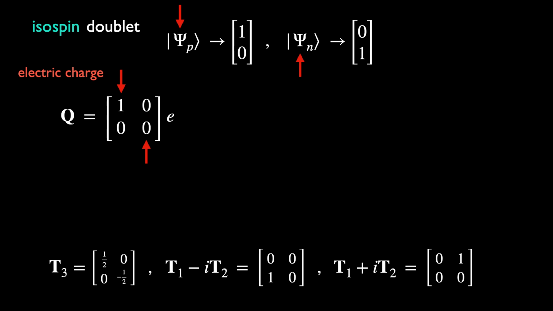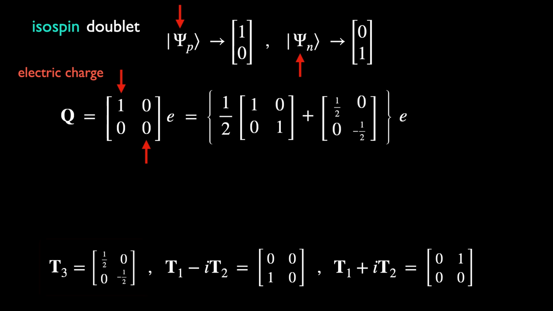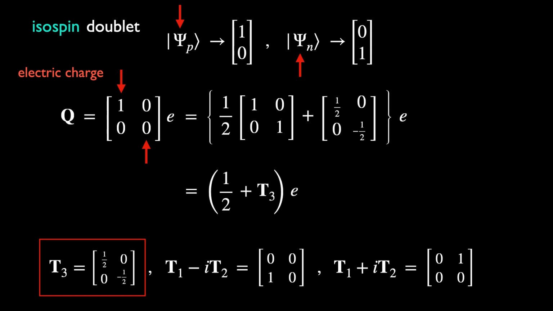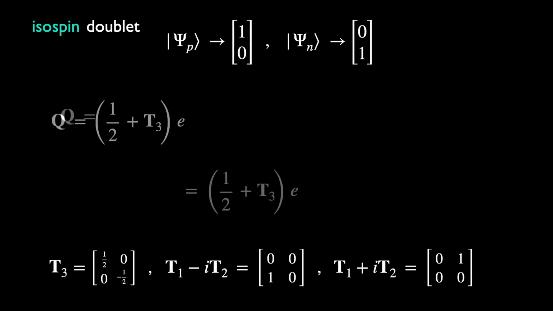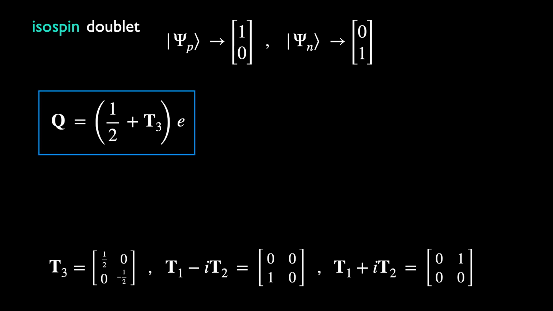We can write this as the sum of two matrices. Thus we see that there is a direct relation between T3 and the electric charge. They are not independent. This relation holds for the single nucleon isospin doublet.